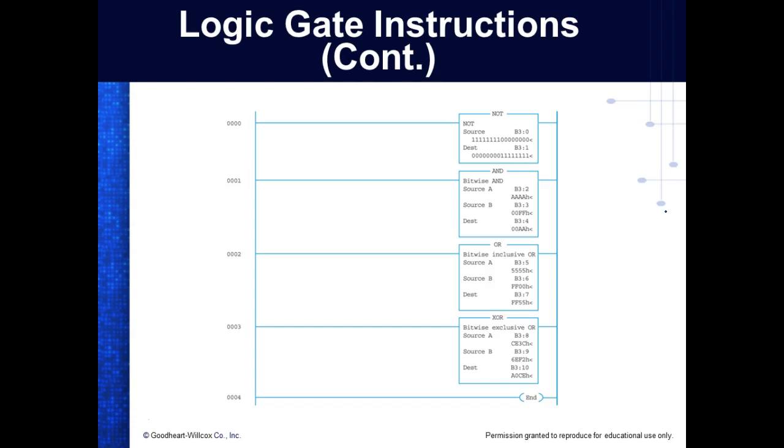The first NOT will be taking whatever's in D0 and NOT it with whatever's in D1. And can you see what happened? Everything that was a 0 becomes a 1, and everything that was a 1 became a 0, right? Everybody understand that? Yes or no?